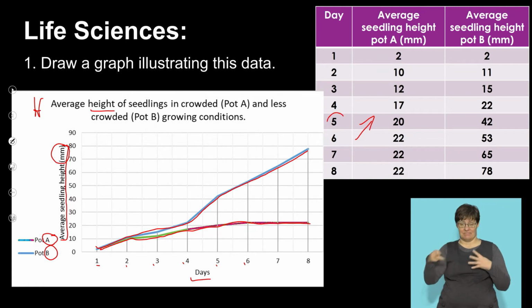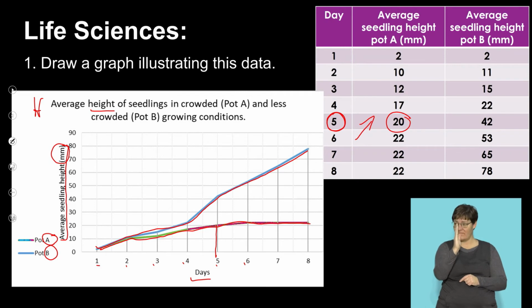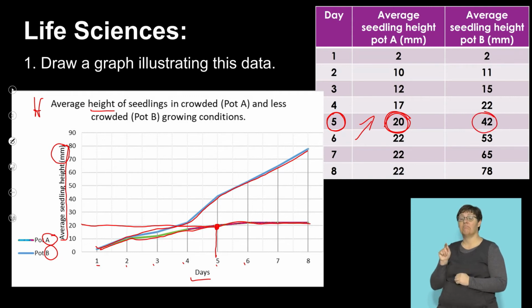And of course, I plotted the points by going to the data table. So let's see how I would have plotted, for example, day 5's data. For pot A, at day 5, I go up at 5, and I have to see that my seedling height is 20. I would measure along and I would plot my point. What would be happening in terms of pot B on day 5?